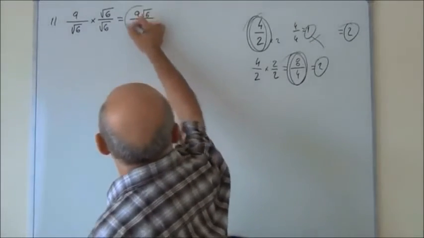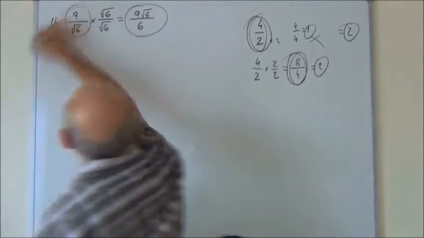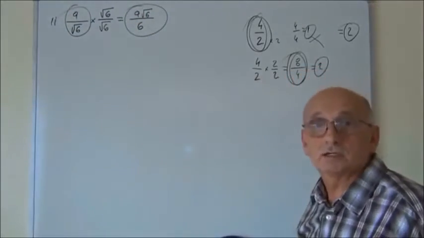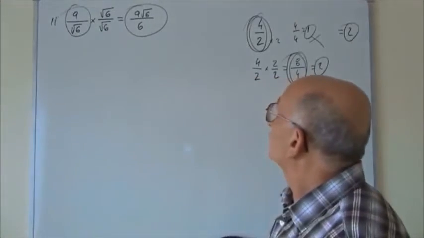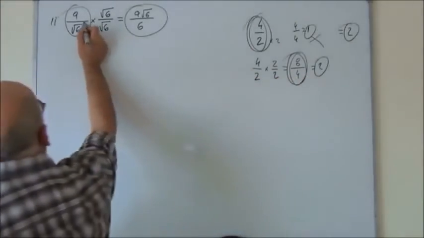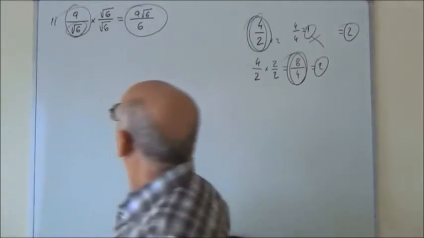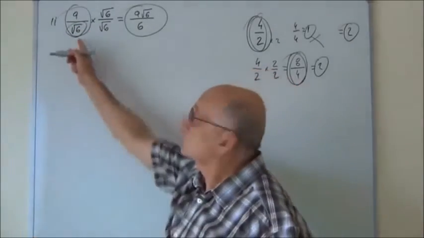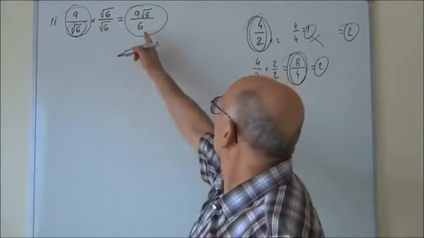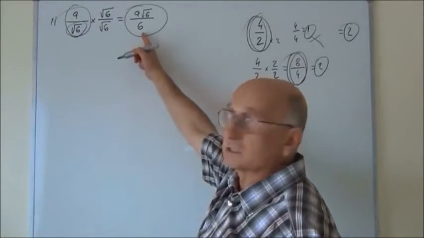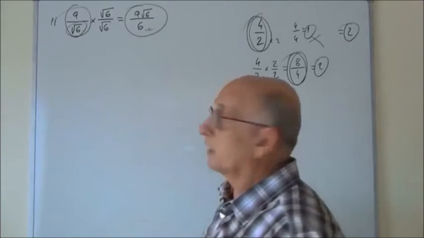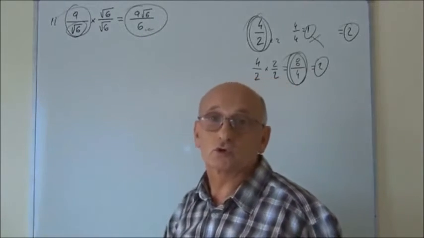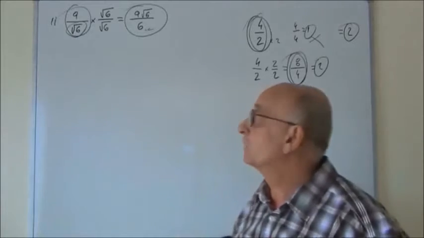So the value of this fraction and the original fraction is exactly the same. We didn't change the value, but originally the denominator was a surd, and now we have just a whole number, and that is the process of rationalizing a denominator.